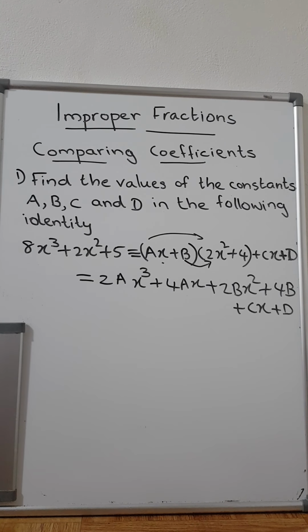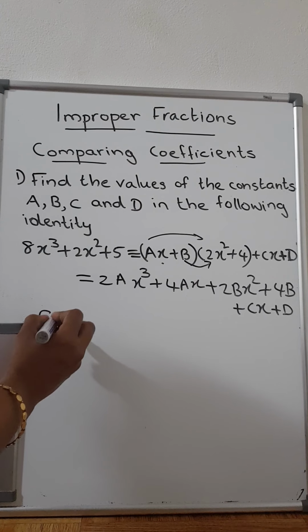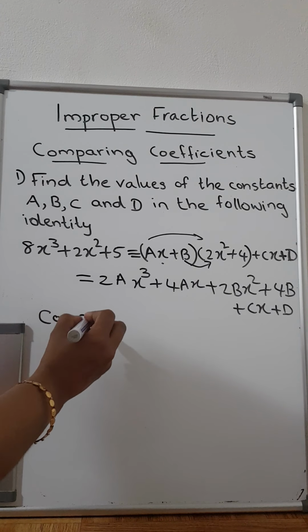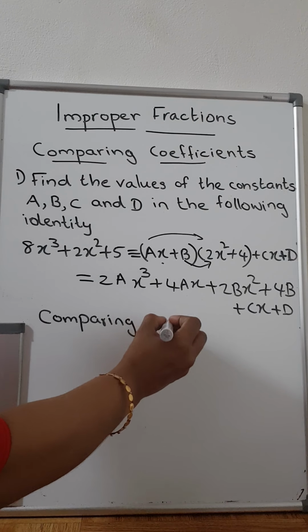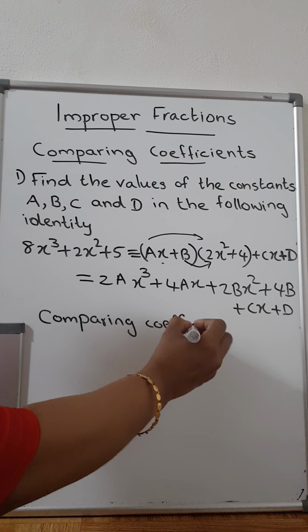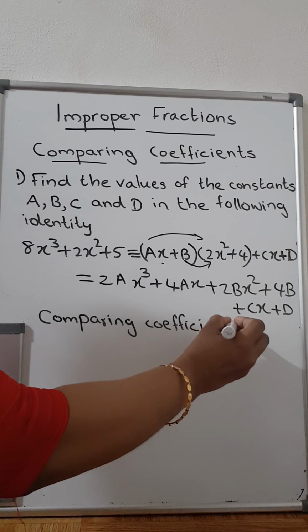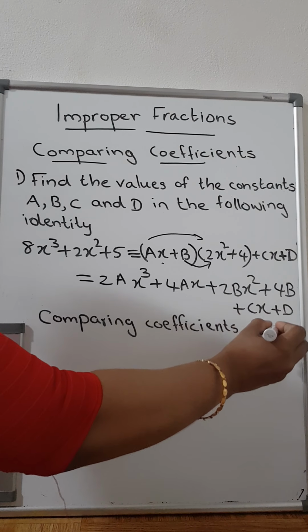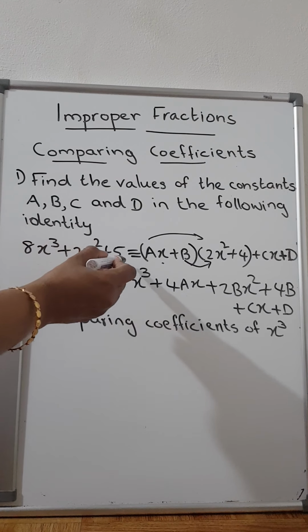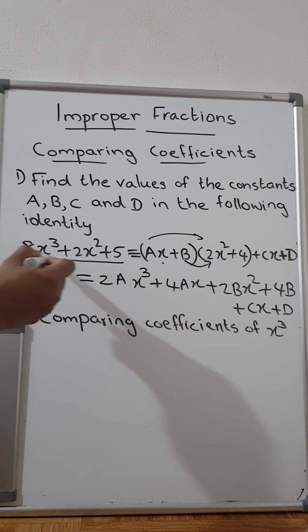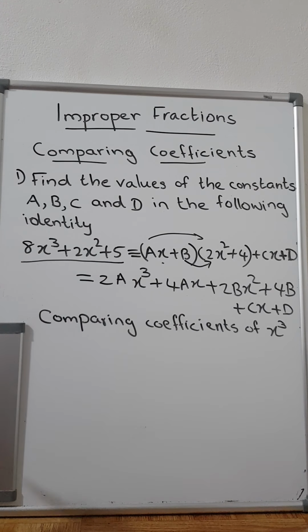First we will compare the coefficients of the term with the largest degree. Here it is x cubed. Comparing coefficients of x cubed. On the left hand side, the coefficient of x cubed is 8.